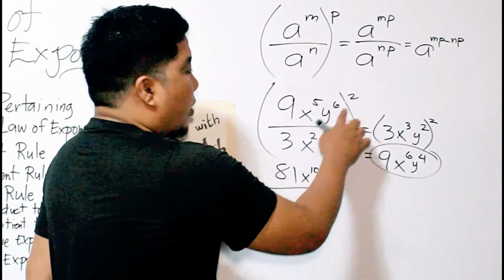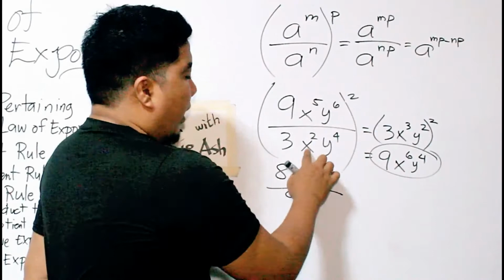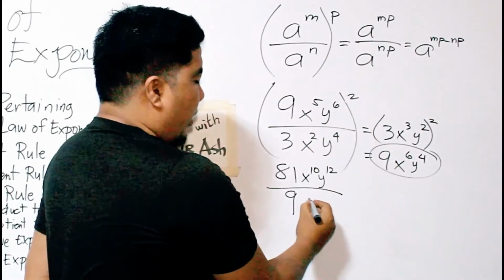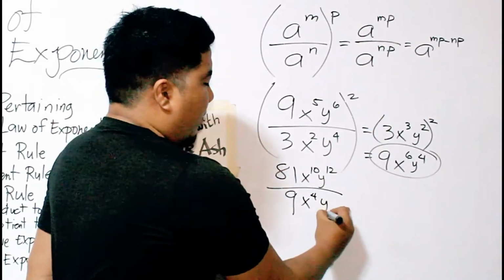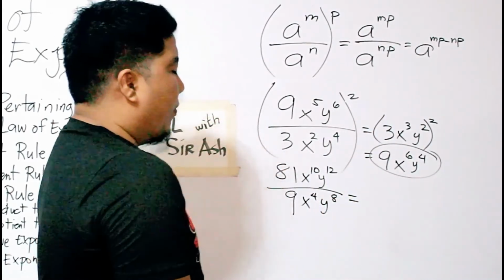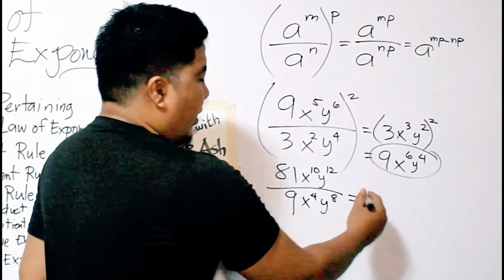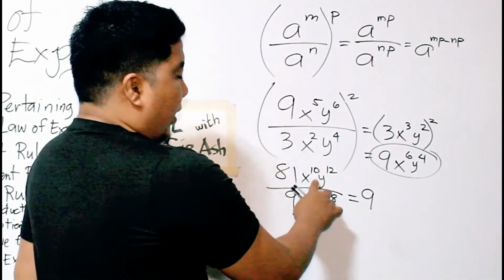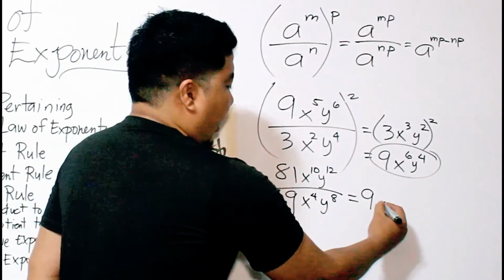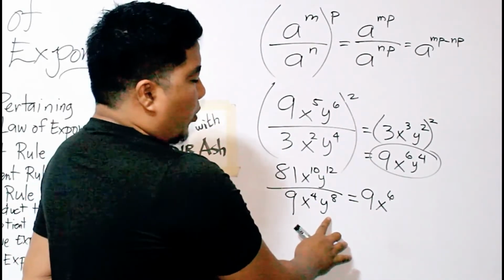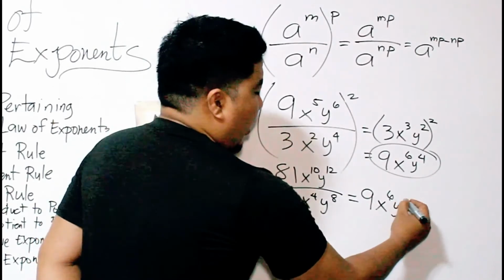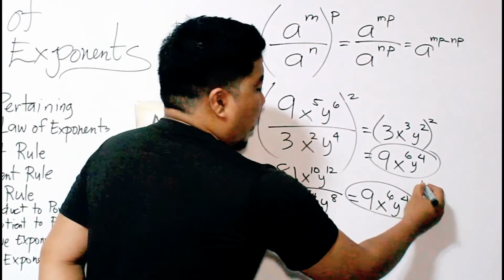Okay. 3 squared will give you 9. x squared to the second power is x to the 4th. y to the 4th to the second power will give you y to the 8th. If you simplify 81 and 9, that will give you 9. x to the 10th over x to the 4th is x to the 6th. y to the 12th over y to the 8th will give you y to the 4th. And they are just the same.